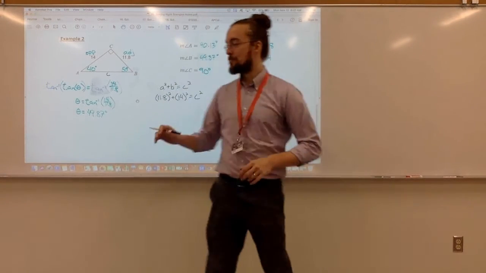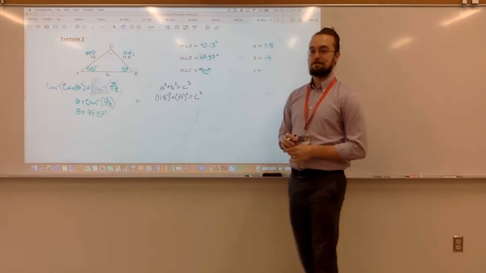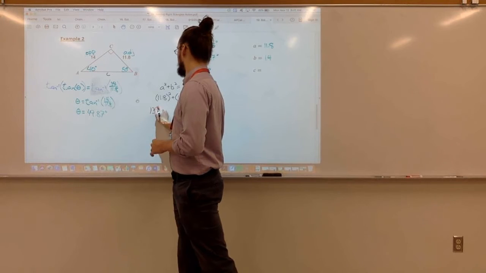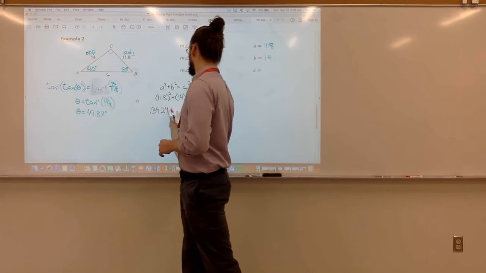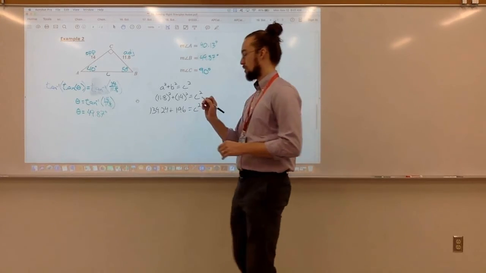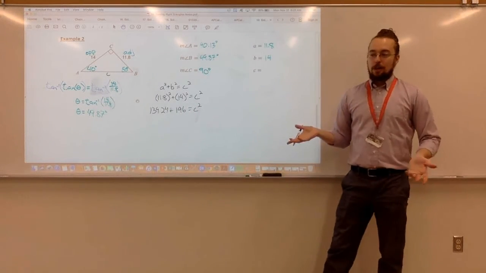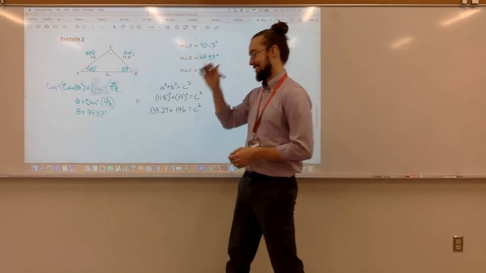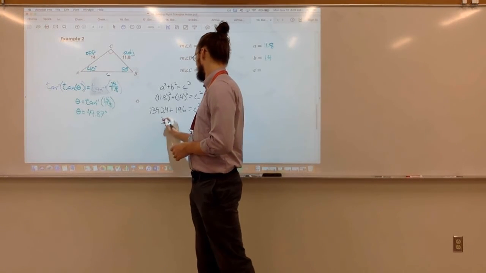Alright, so what's 11.8 squared? 139.24. And 14 squared is 196. I believe this one is 335.24.